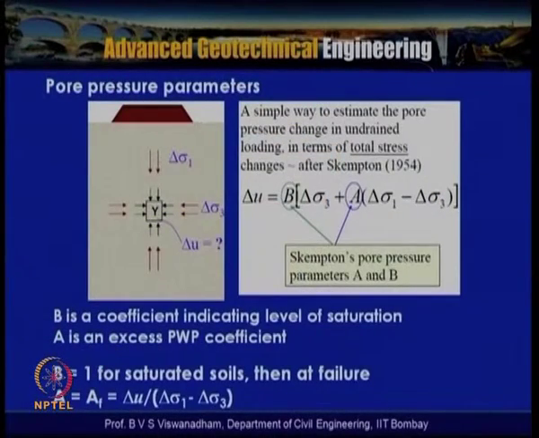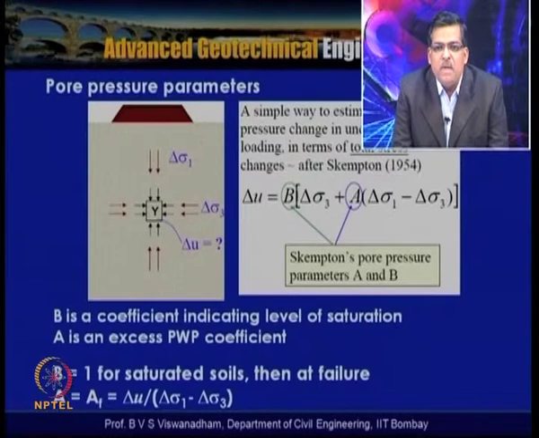A simple way to estimate the pore water pressure change in undrained loading in terms of total stress changes was given by Skempton in 1954, by the equation delta u is equal to B into delta sigma 3 plus A into delta sigma 1 minus delta sigma 3. A and B are called Skempton's A and B parameters.